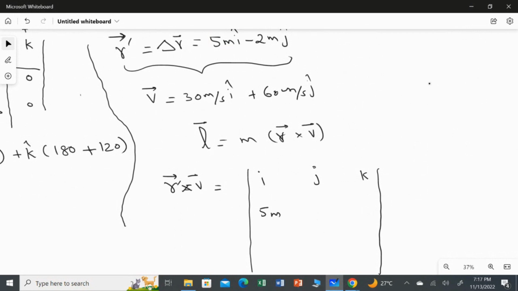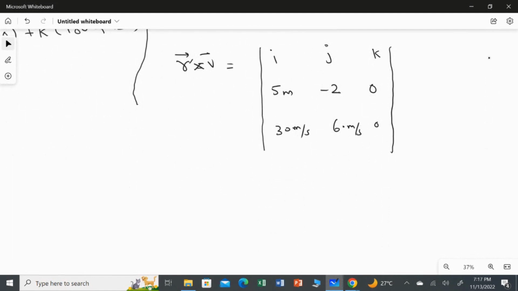And what is our j cap value for the r, which is -2. There is no k cap, so I have to put 0. Likewise, the same with velocity, 30 meter per second for i cap and 60 meter per second for j cap. There is no k cap, so I have to put 0.